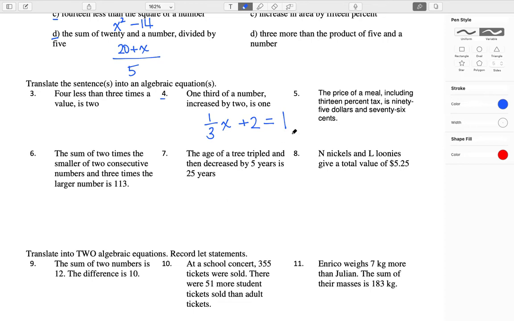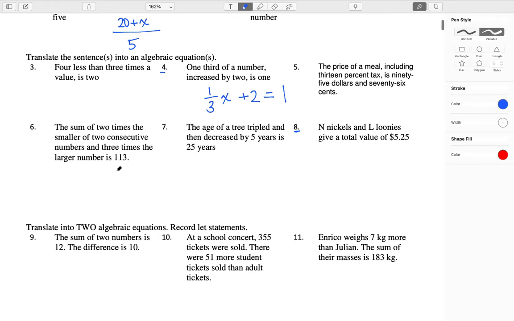Now what about number 8? Nickels and loonies give a total value of 525. So if we're talking about the value, we have to multiply how much it's worth, depending on the number of nickels and loonies. So nickels are 0.05, okay, because it's 5 cents.